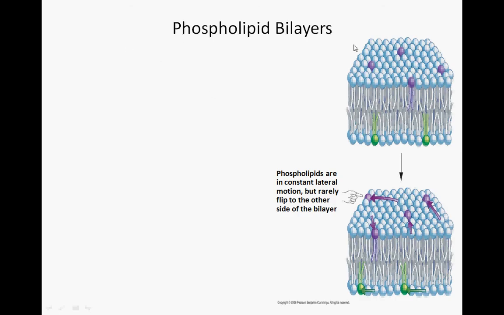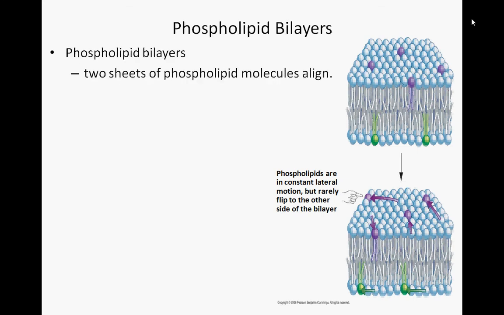Okay, so phospholipid bilayers as they apply to cells. You get these nice sheets of phospholipids that line up again in the proper orientation. You have one sheet lining up here pointing down, another sheet lining up here pointing up, and the way that you don't get this one flipped on its head, so to speak, and have these tails lining up with these heads is that these heads are not going to interact with these tails.